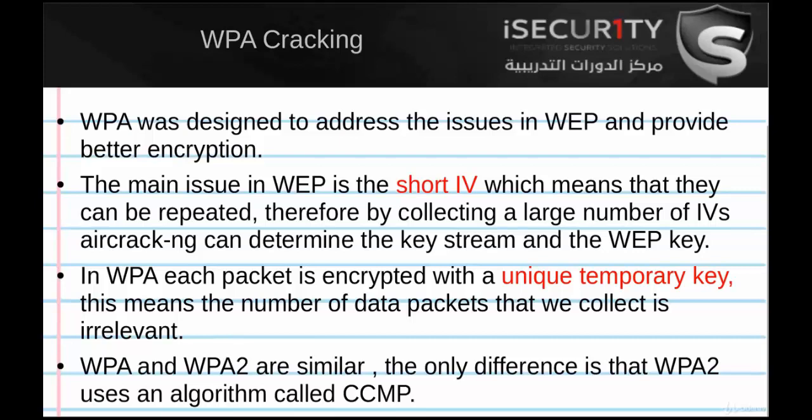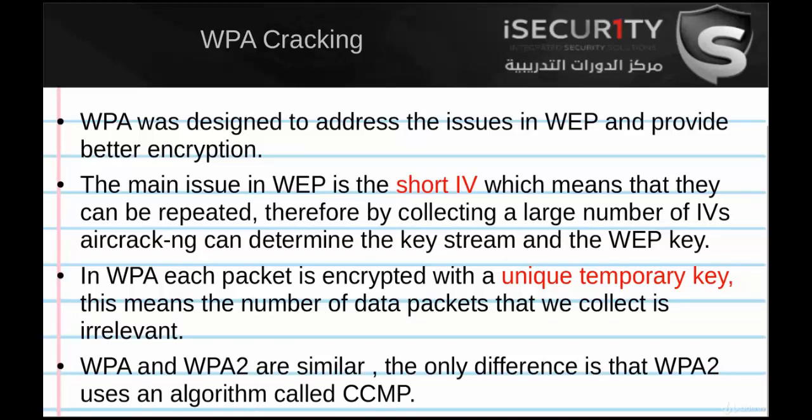This encryption was designed after WEP, and it was designed to address all the issues that made WEP so easy to crack. The main issue with WEP was the short initialization vector, which is sent as plain text in each packet. The short initialization vector meant that the possibilities of having a unique IV in each packet can be exhausted in active networks.